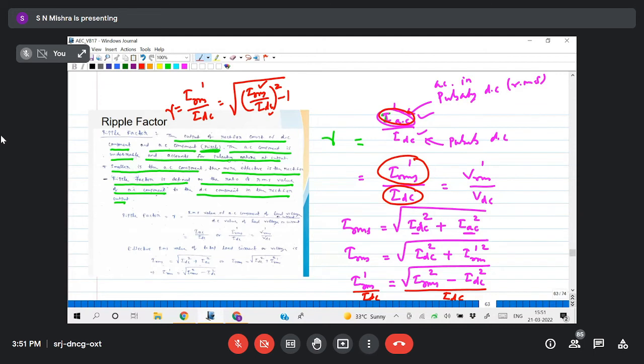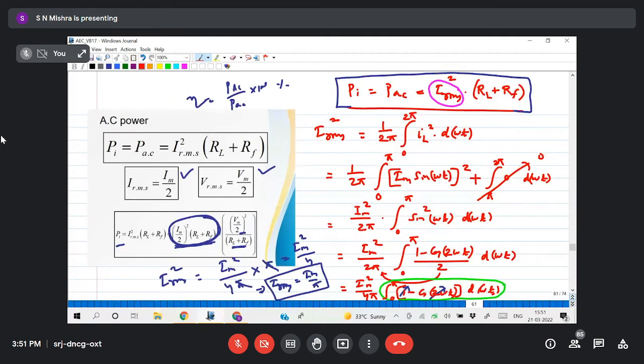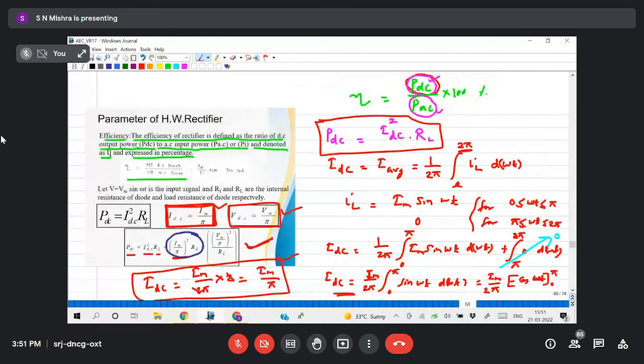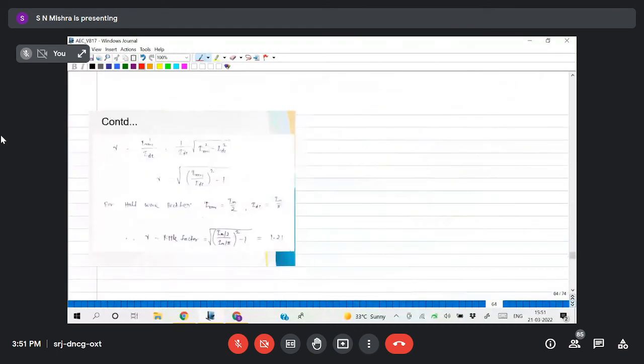You remember, whether half wave or full wave, you can use this one. IRMS and IDC we have already found out. Like here you can see, this is my IRMS and this is my IDC, and you just put all these values and get this result. So gamma equals IRMS dash divided by IDC. If you consider the half wave rectifier, we found IRMS is Im by 2 and IDC is Im by pi.